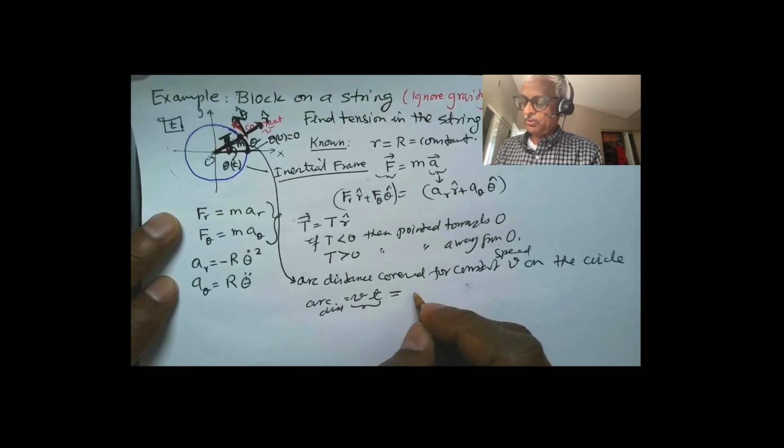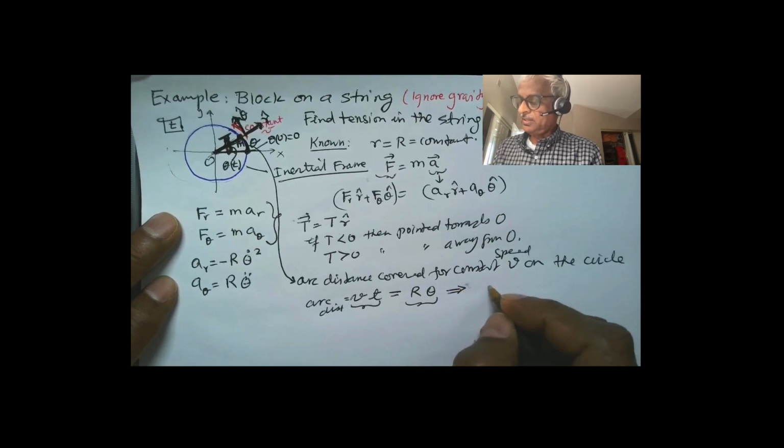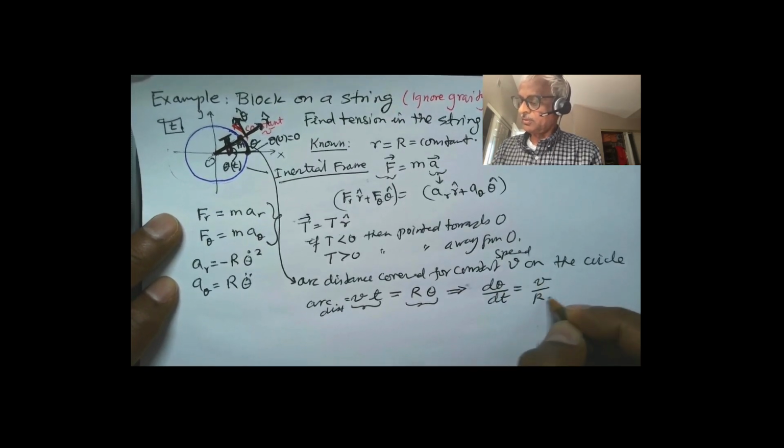That should be equal to r times theta. So you can see d theta dt is just v over r.